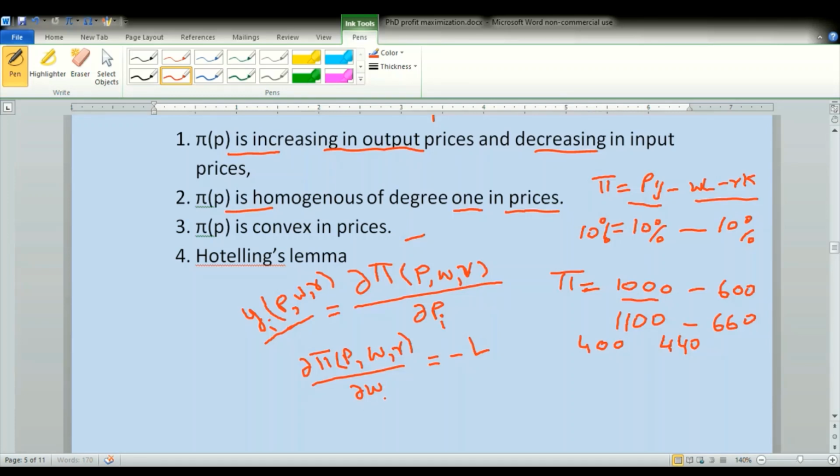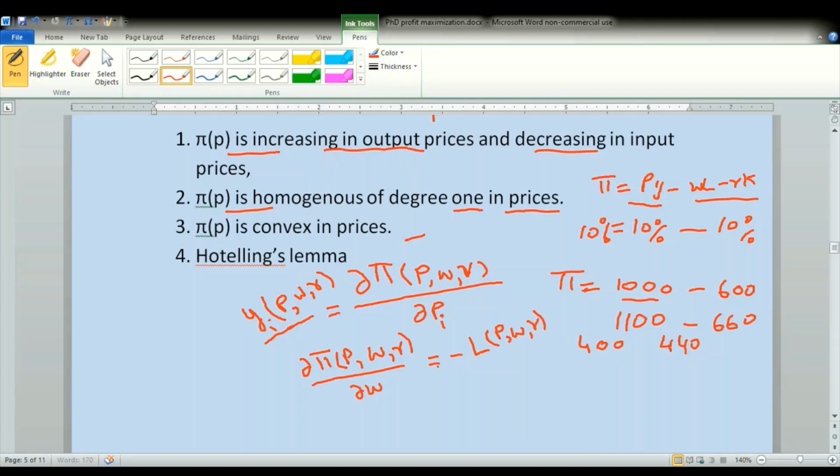So for example, if I took the derivative of the profit function with respect to the wage rate, I will be able to get the negative of the labor demand function.